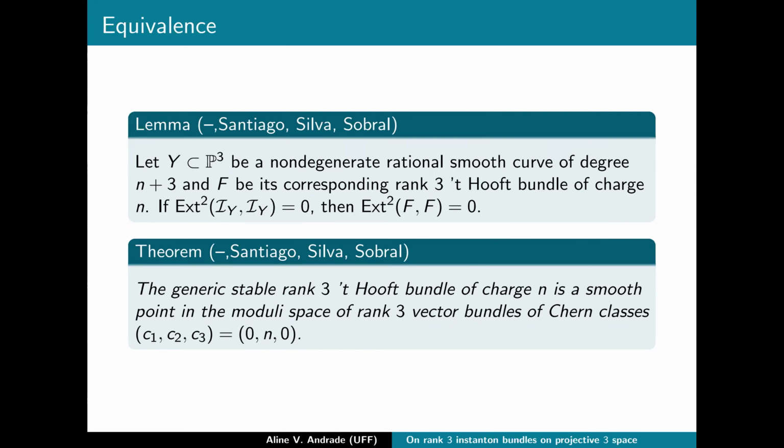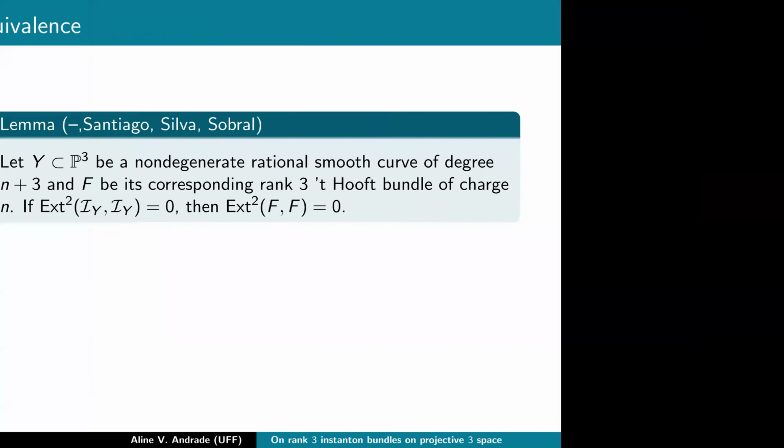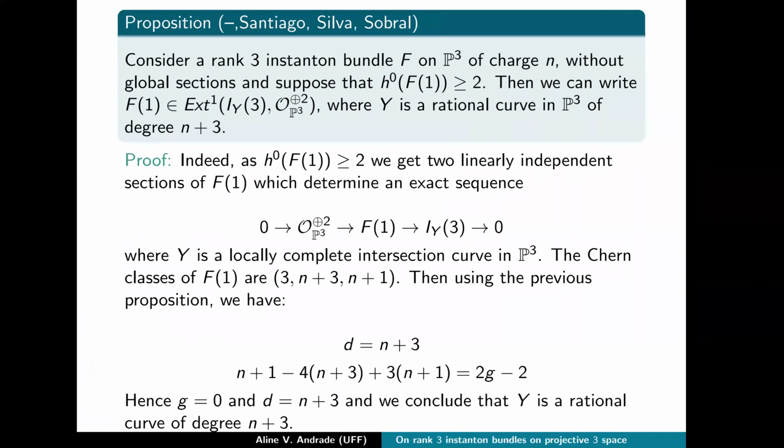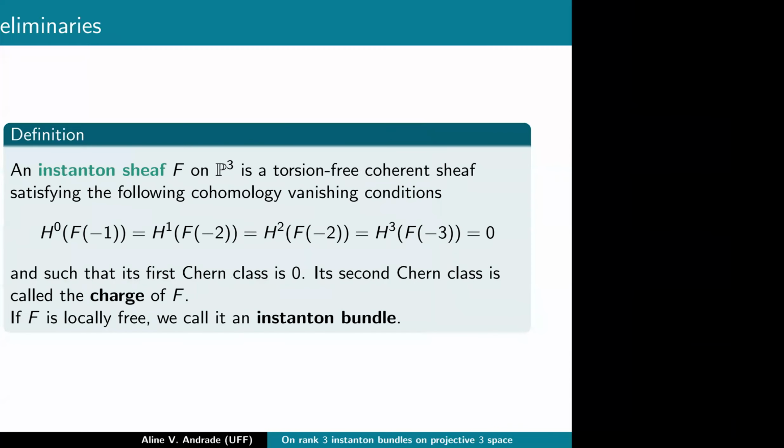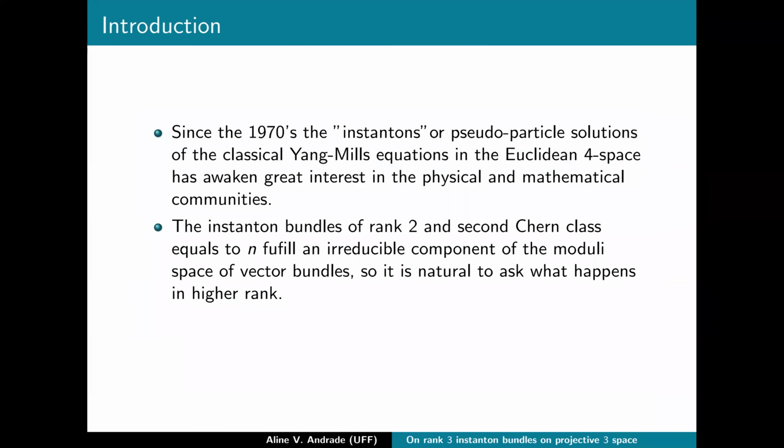Well, as I mentioned in the beginning, let me come back a little bit. Instantons in physics are the pseudo-particle solutions of the Yang-Mills equations. They are holomorphic rank 2 bundles on CP3.